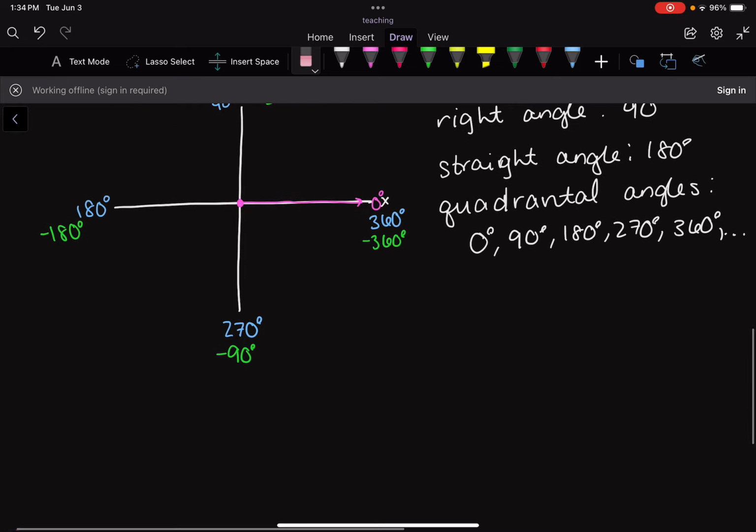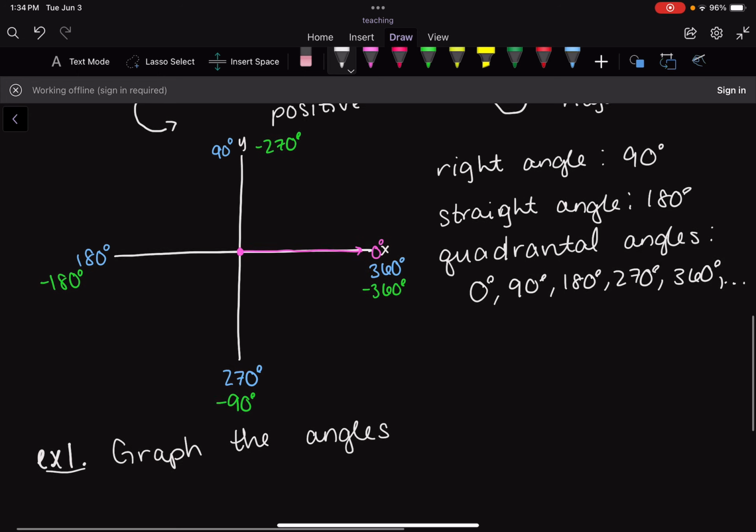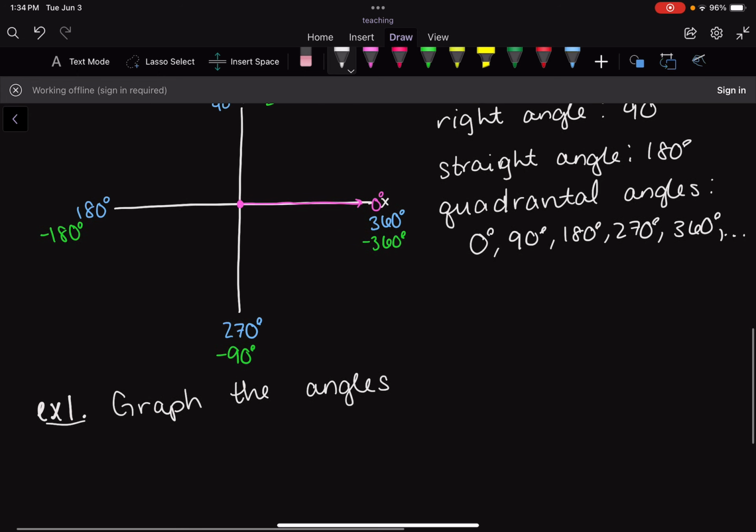Now I do just want to experiment with plotting some of these angles. So let's see, example 1. Graph the angles. We'll do A, let's do 45 degrees.